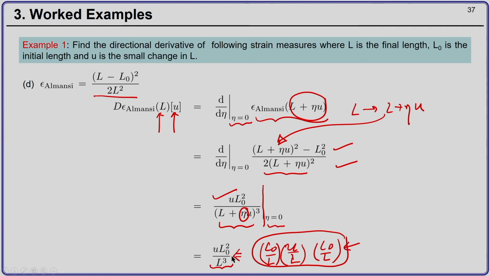All you need to care about right now is that the change in the Almansi strain at length L in the direction u is nothing but u L0 square divided by L cube. So, for this simple case, you can now see how we compute the directional derivative.